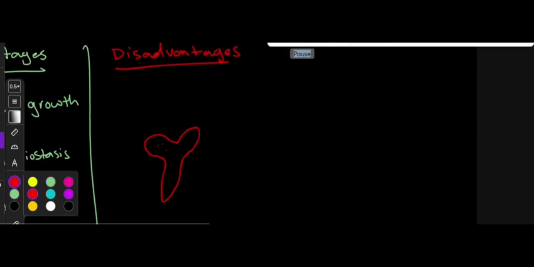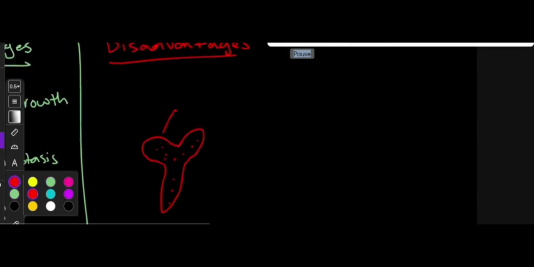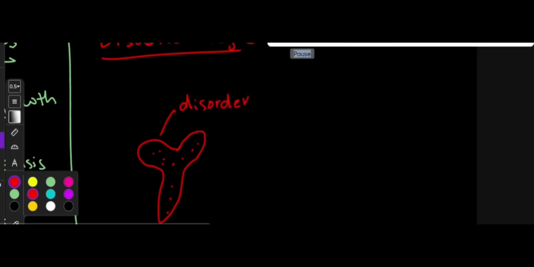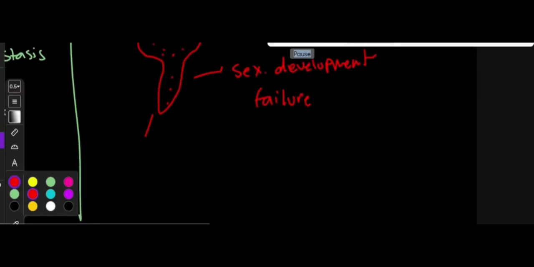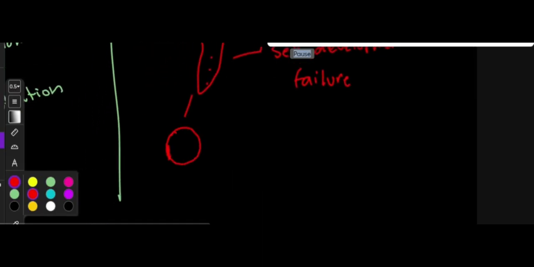Some disadvantages: if the receptor proteins were not to function properly, it can cause disorders of sex development, and it can also happen that some females would end up developing very male-dominant gene expressions.